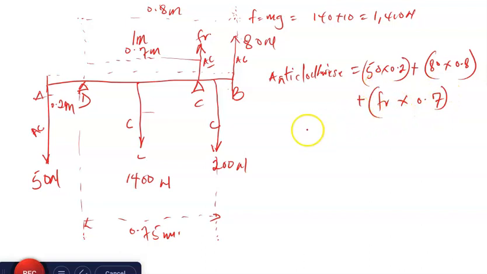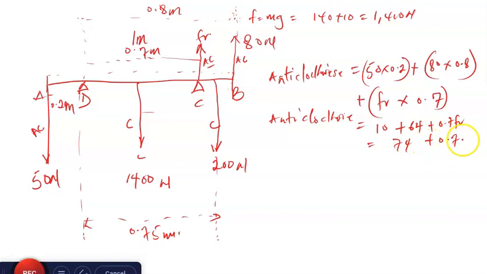So my anticlockwise moment will be 50 times 0.2, that's 10, plus 80 times 0.8, that's 64, plus 0.7 FR. That equals 74 plus 0.7 FR.